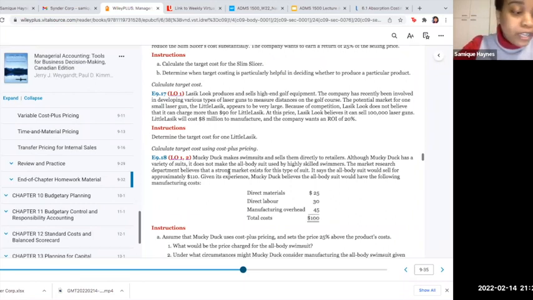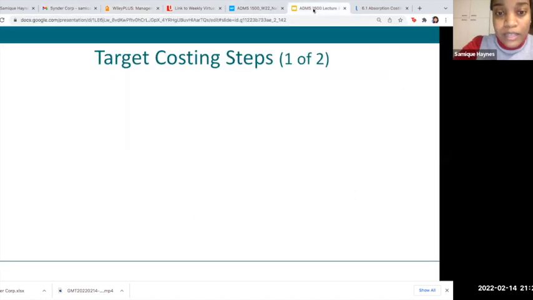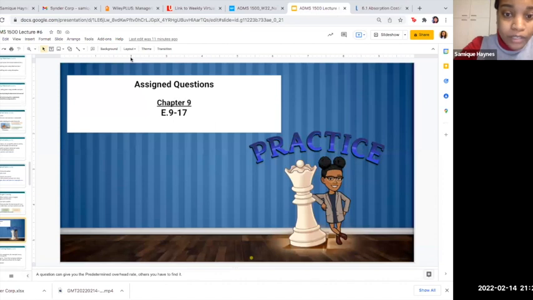The potential market for one smaller laser gun, the Little Lassic, appears to be very large. Because of competition, Lassic Look does not believe that it can charge more than $90 for Little Lassic. At that price, it believes it can sell 100,000 laser guns. They will cost $8 million to manufacture, and the company wants an ROI of 20%. Determine the target cost for Little Lassic.